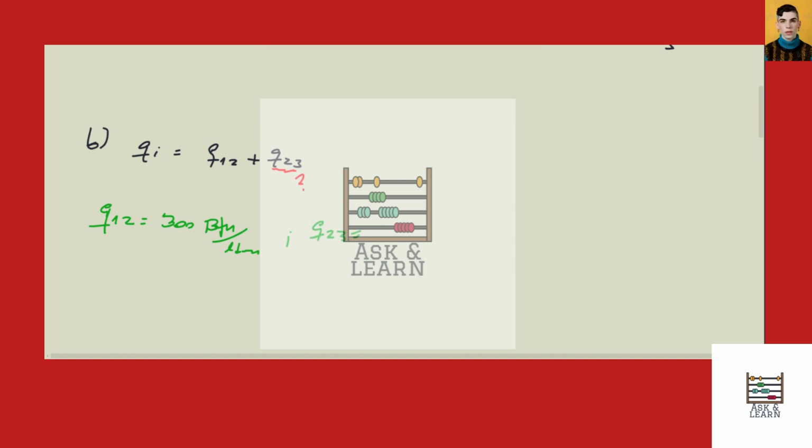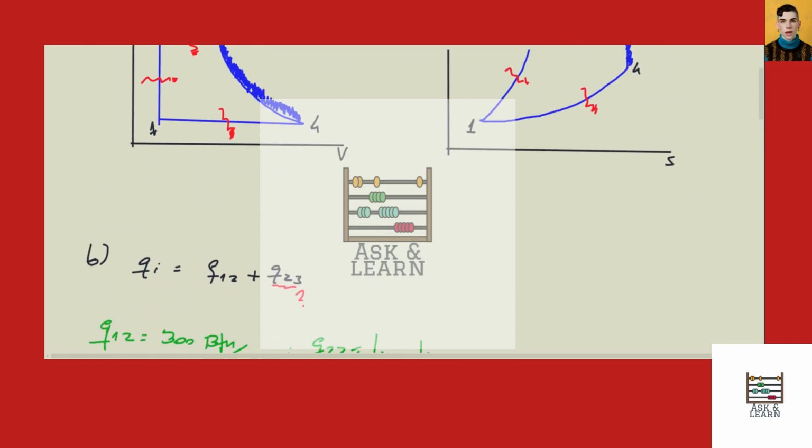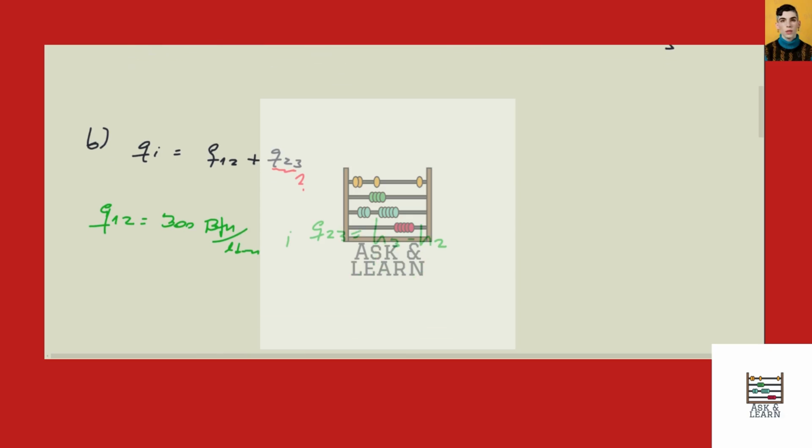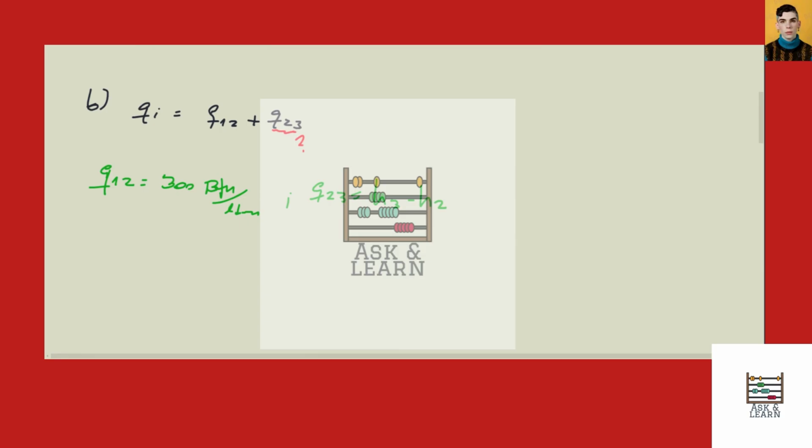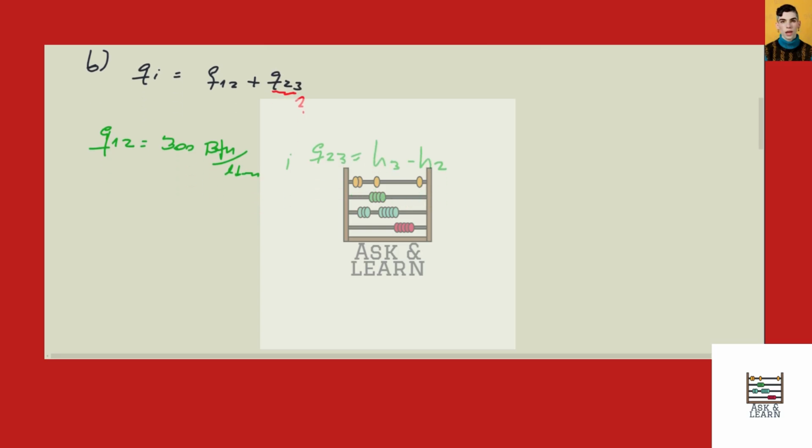Since this is a constant pressure process, this is the change in the enthalpy between 3 and 2, correct? And we have to calculate this, we must look in the table A17, because in this table A17 we have all the information that we want.